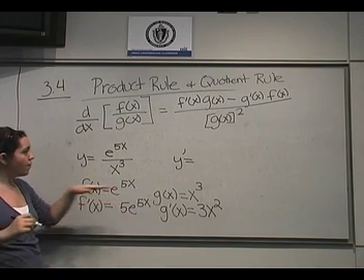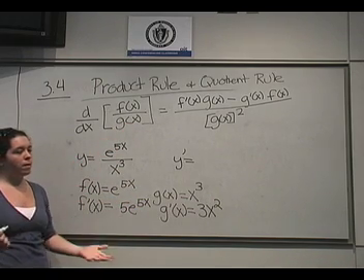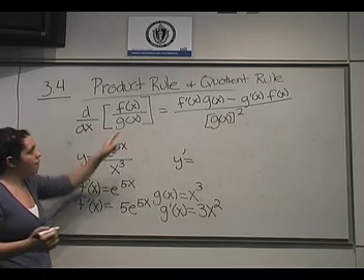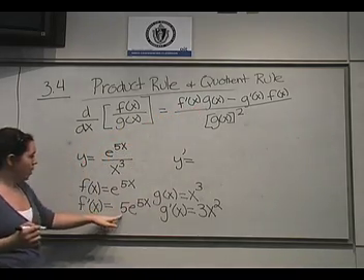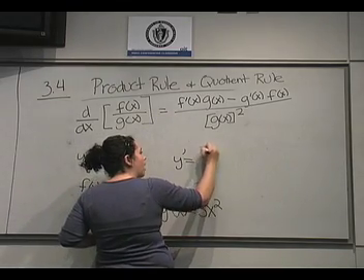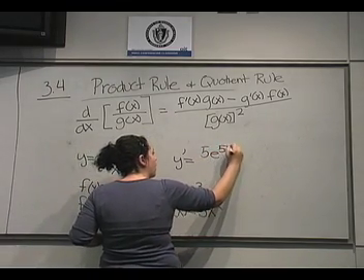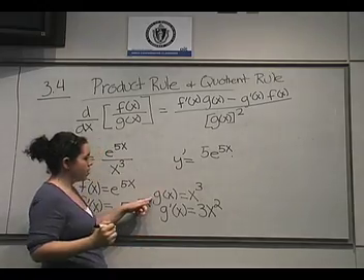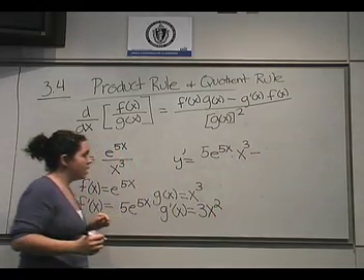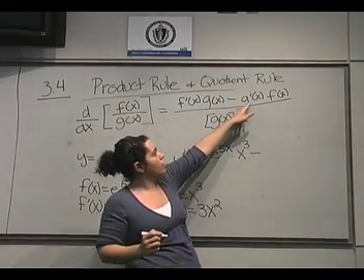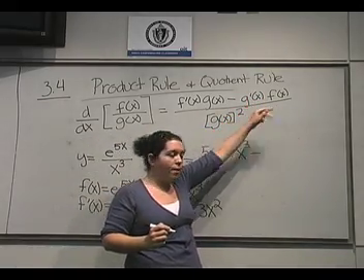Now that we have all 4 pieces, we want to very carefully plug this into our formula. So we have in our first piece, f prime times g. So I have f prime, which is 5e to the 5x, times g, which is x cubed, minus, we're subtracting off g prime times f.